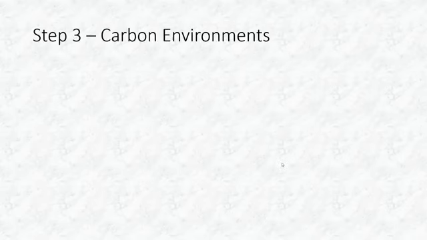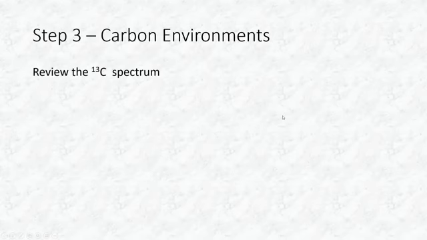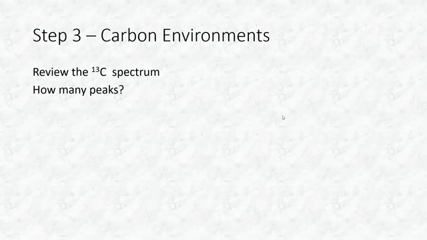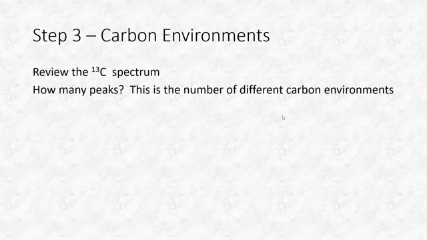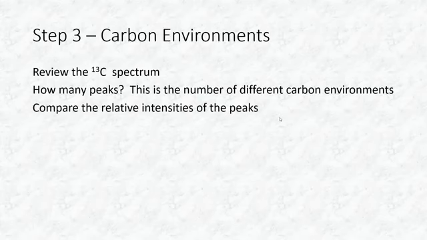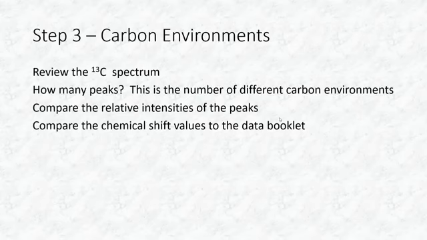Step 3 is how we work out some of the structural information, and this is to do with the carbon environments. So here we're looking at the carbon-13 NMR spectrum. We're looking at how many peaks there are, because this is the number of different carbon environments we have in our compound. In other words, how many chemically different carbons there are. And then not only that, we also compare the relative intensities of those peaks and compare the chemical shift values to the data booklet.